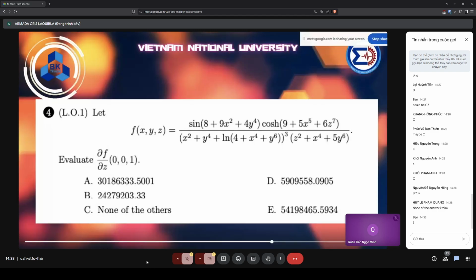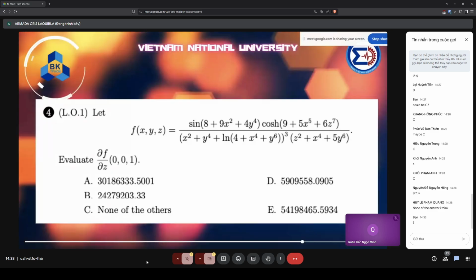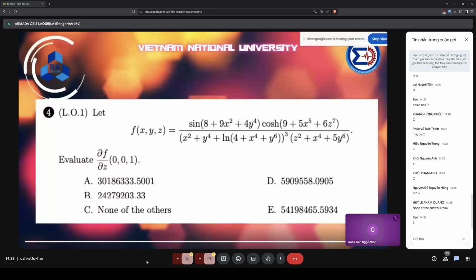Hello. Who can explain how to solve this? Just imagine everything. Can you do it, class? Can you do it like an imagination? Yeah, just tell me the derivative with respect to z.